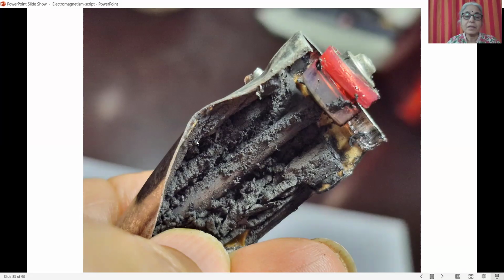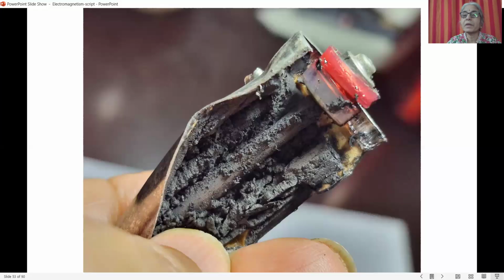Then the container, the cup, is made of zinc metal. That is the other electrode, and between them we have the electrolyte, which is in the form of a paste. The two terminals of the cell, that is, the cap here, is connected directly to the carbon rod and the zinc container.